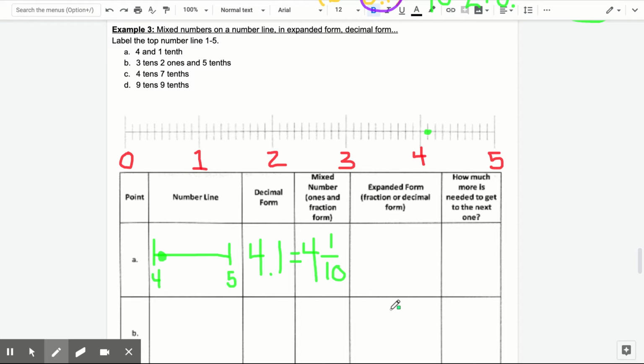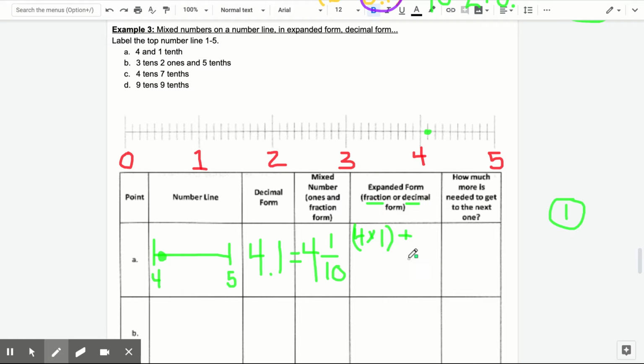Okay, if I'm writing this in expanded form, you might start with your 4 times 1 whole, right? Because if we were thinking about those place value discs, that would be a place value disc that looked like this, just a 1 in the middle. And then we'd have plus. We can do this with fraction or decimal form.